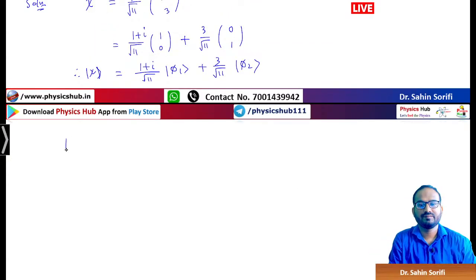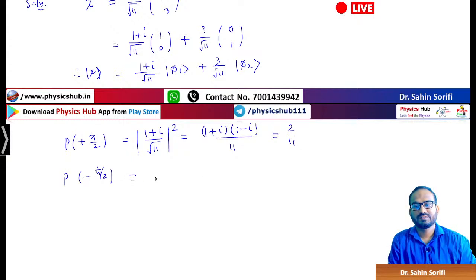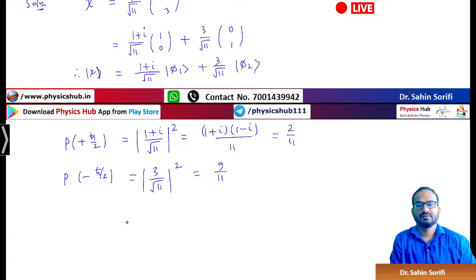So the probability of getting plus H cut by 2 is mod square of (1 plus i) by root 11, which is (1 plus i)(1 minus i) by 11, that is 2 by 11. Probability of getting minus H bar by 2 is mod square of 3 by root 11, which is 9 by 11. So this is matching with option B.